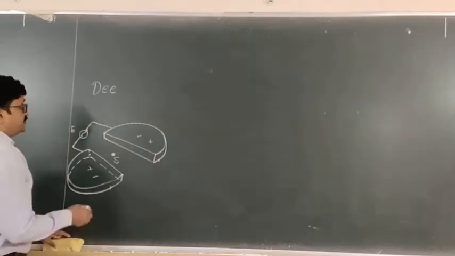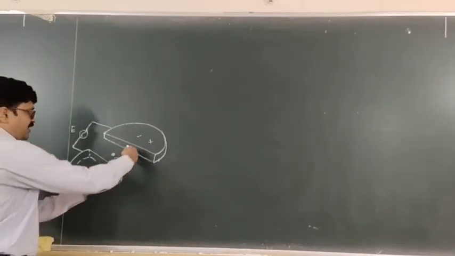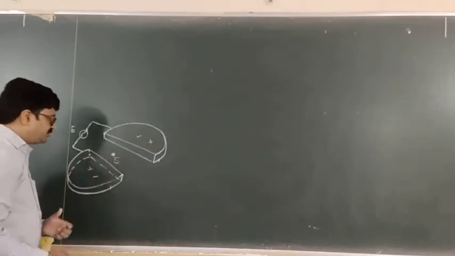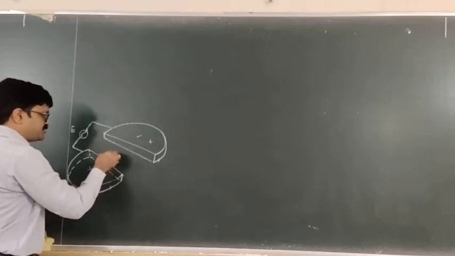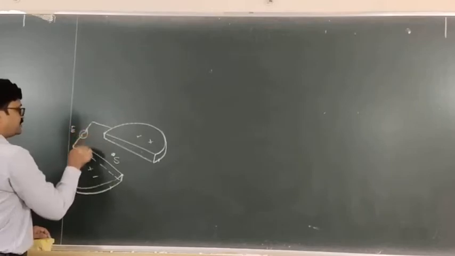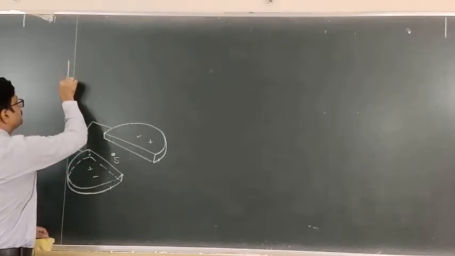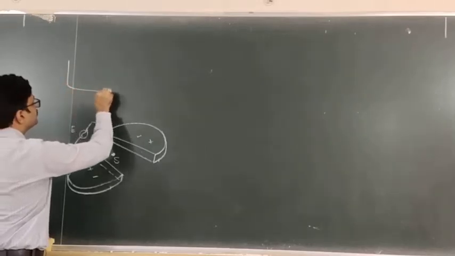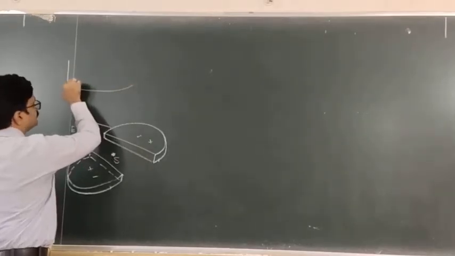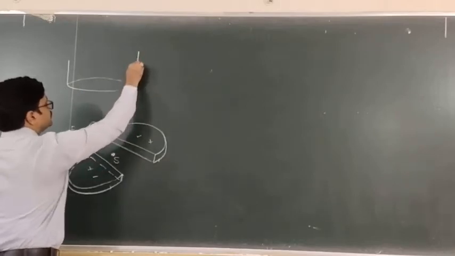Now these two D's are placed at a small distance apart, and in between these two there is a source. About the source I'll explain a bit later. But after this, there will be a magnetic field. So we will consider a magnetic field like this.